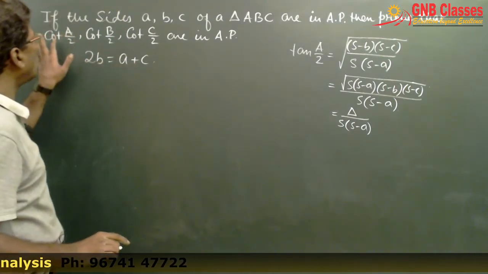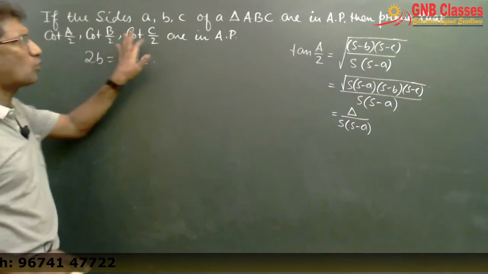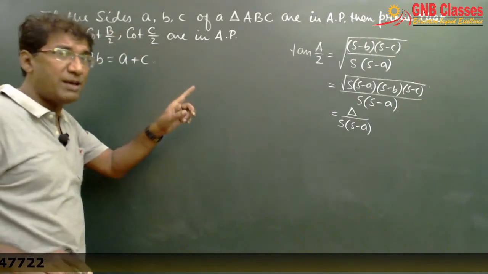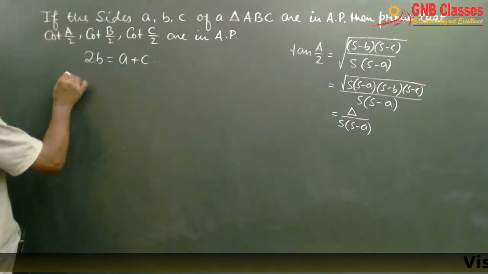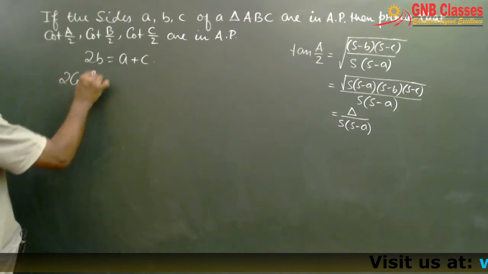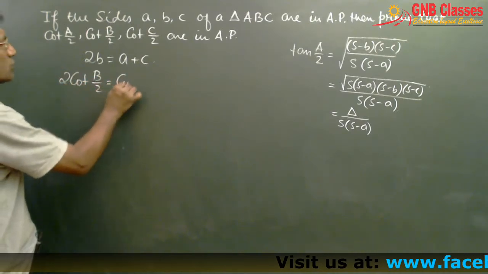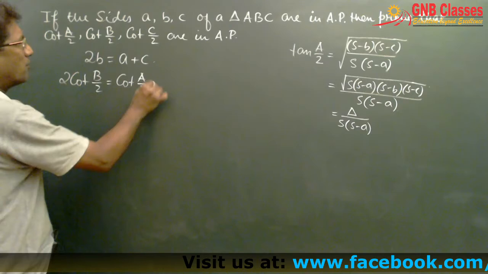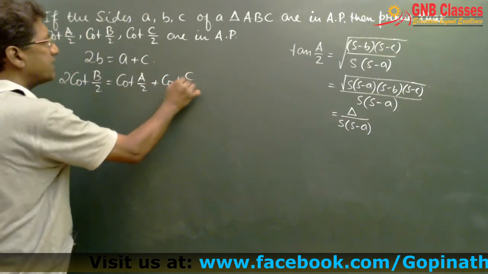Now we have to prove that cot A by 2, cot B by 2, cot C by 2 are also in AP. That is, we have to prove that 2 times cot B by 2 will be equal to cot A by 2 plus cot C by 2.